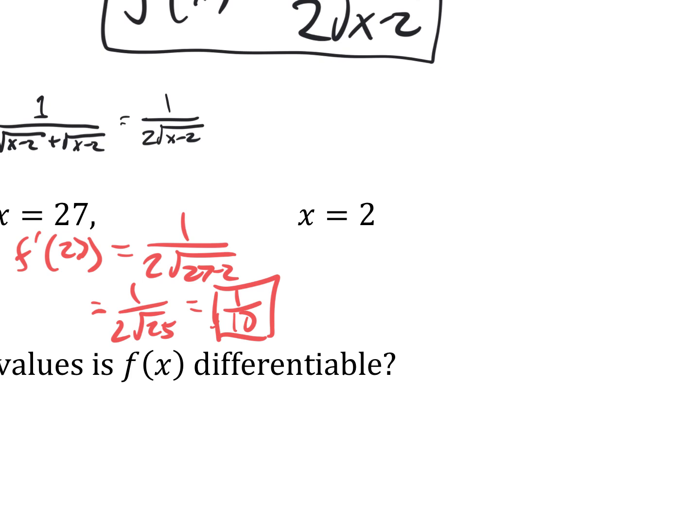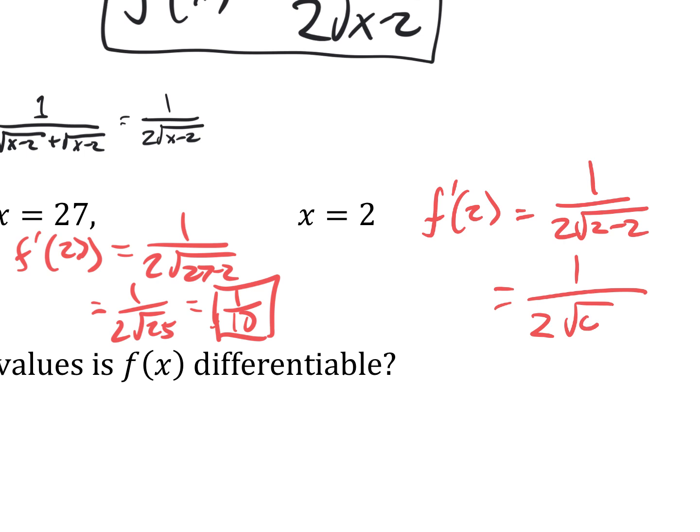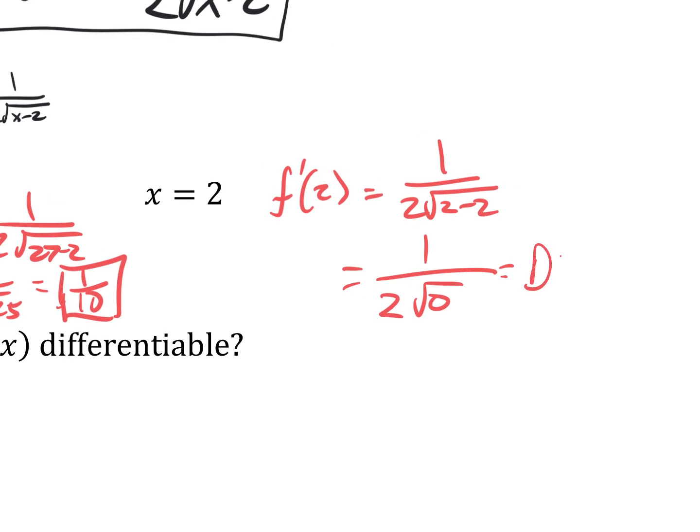All right, how about one last one? So f prime of 2 is 1 over 2 times the square root of 2 minus 2. Well, that's the square root of 0, which is 0. Because we have 0 on the bottom, so 0 times 2 is 0. Can't divide by 0. That doesn't exist.